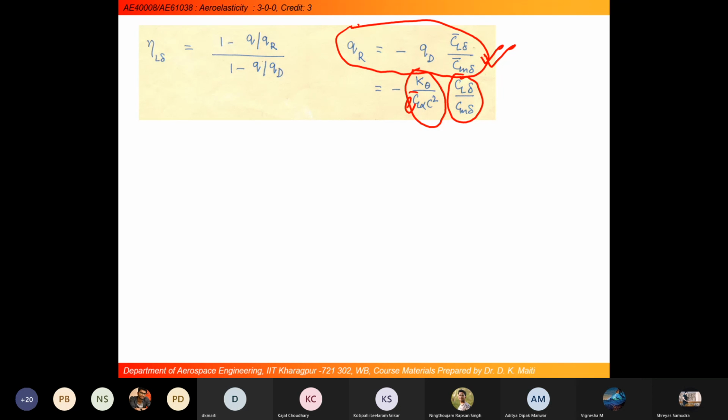These are the two modal conditions of the whole aircraft wing, and with these two degrees of freedom we are trying to demonstrate how the control surface reversal speed is reached.